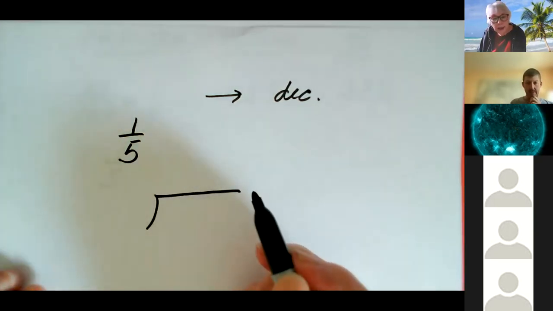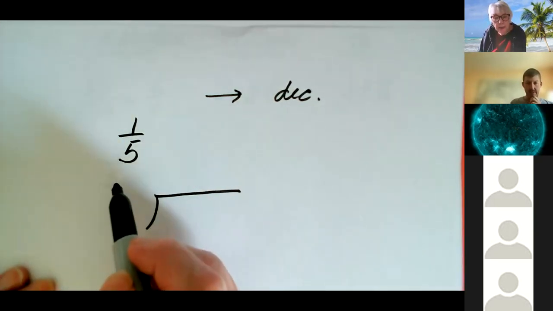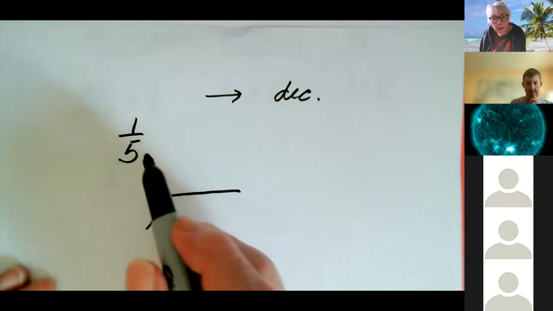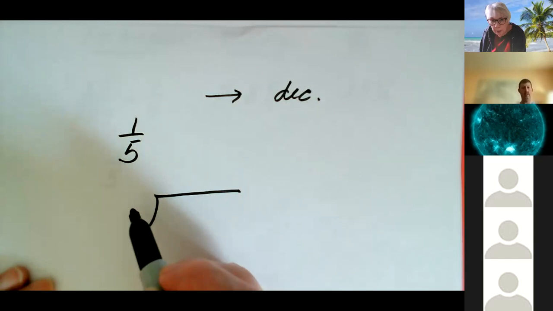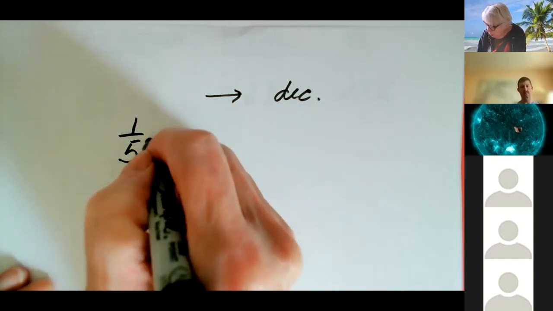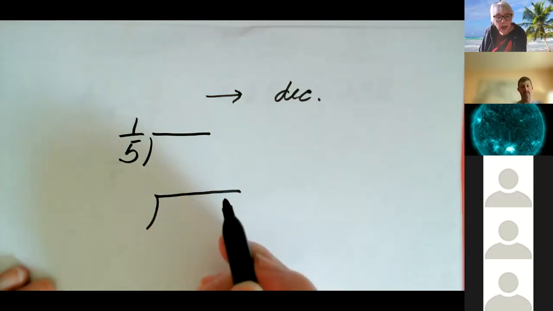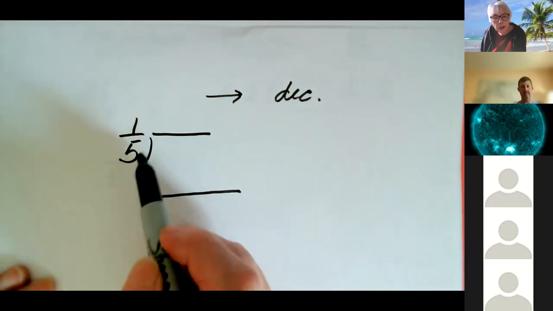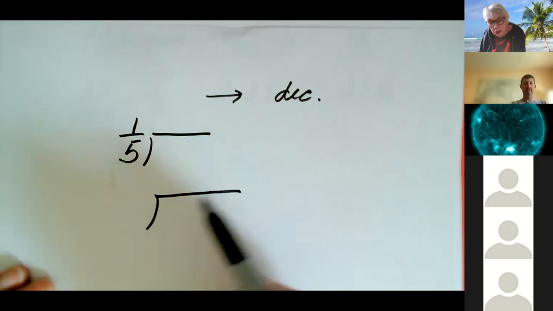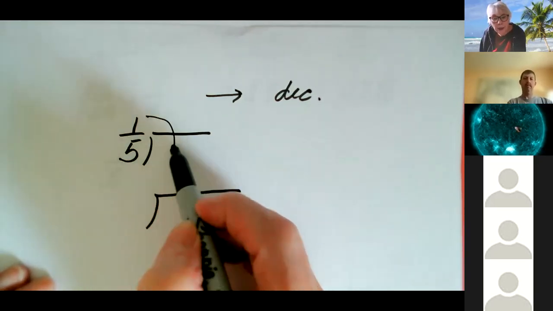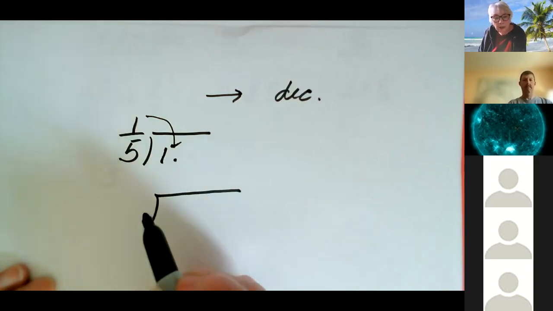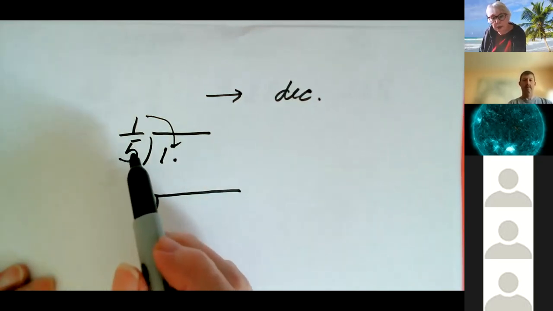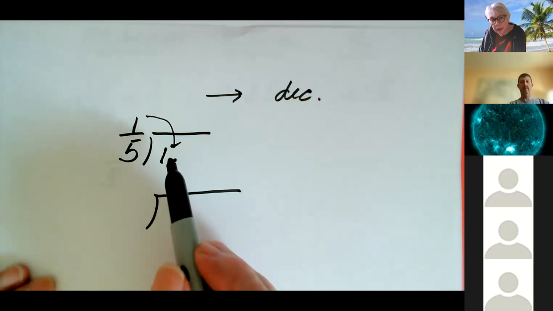So literally, depending, this is not such a bad problem, but depending on the problem, you would have to divide it out. Now, people want to put the 1 here, but that's not right. And so literally, I think I've shown this a couple of times. With a fraction, you can turn it into a division problem, and then the 1 drops down. And so literally that places the 5 on the outside and the 1 on the inside.